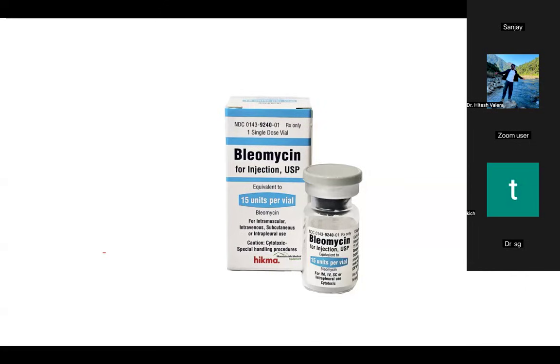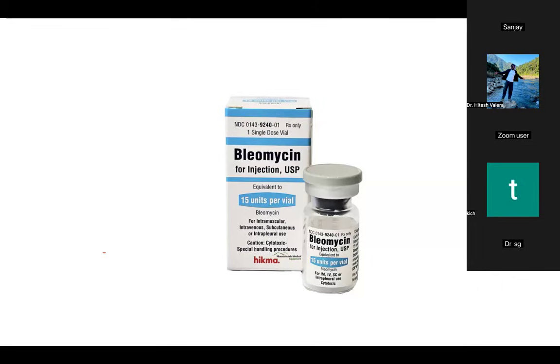So that is how it binds. Once it's in the ferric form, it acts as a free radical and causes cell damage, right? So that is how bleomycin acts. It is inactivated by bleomycin hydrolase.